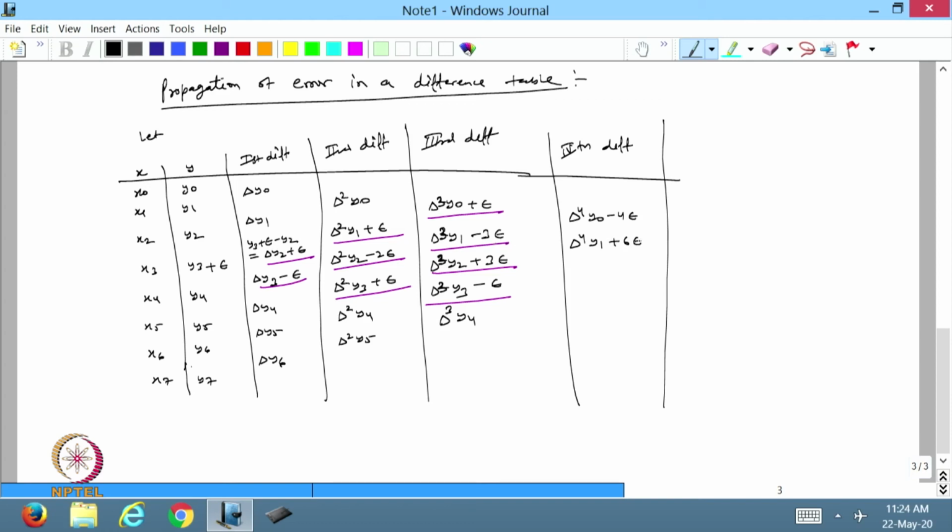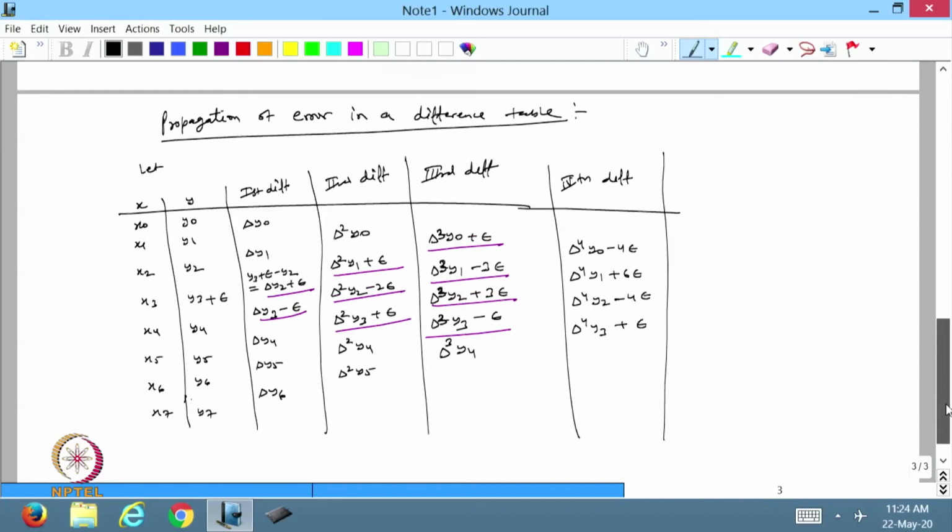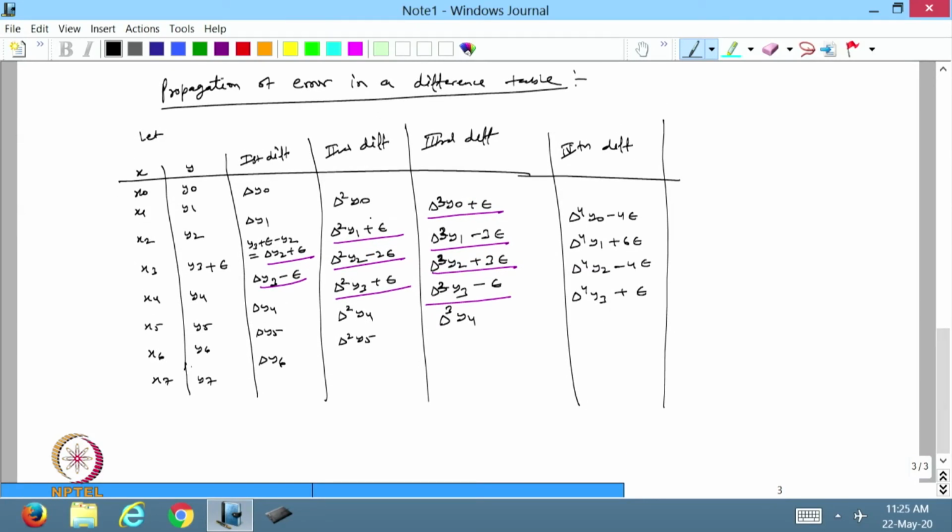So, it will be 6 epsilon, del 4 y 2. So, this minus this, it will be minus 4 epsilon, this minus this, it will be del 4 y 3. So, this minus this plus epsilon, like this one. So, from here you can see that the error propagates as we go for the higher differences, and the pattern of the error is like this one. So, here is the pattern like this one, here is the pattern like this one, and so on.